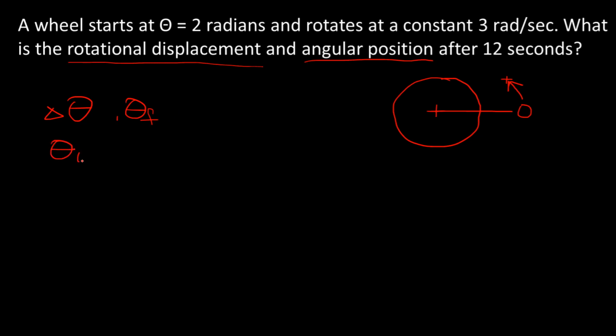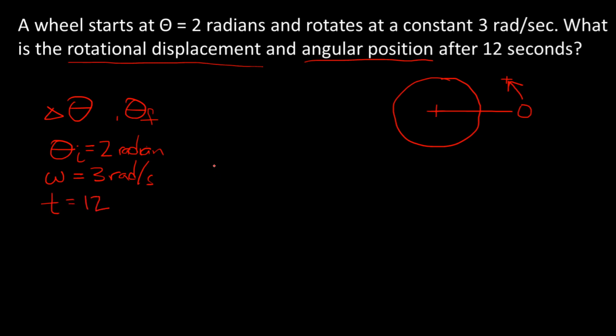I'm given my initial position is 2 radians. And I think by now you know a complete rotation around this circle would be 2 pi radians. What else do I know? I know my omega is equal to 3 radians per second, and my time is 12 seconds.